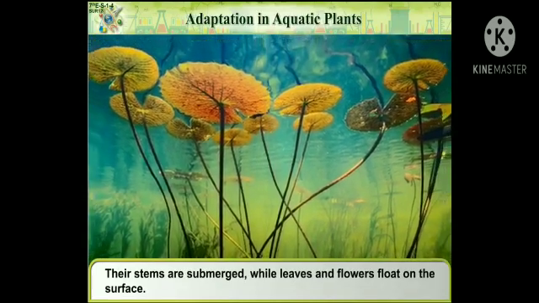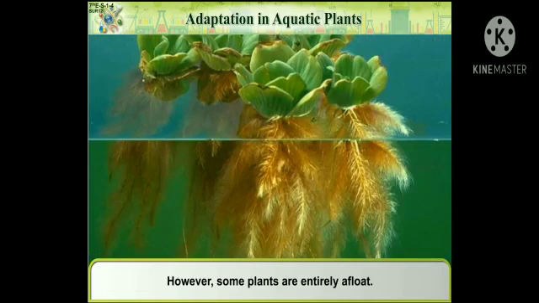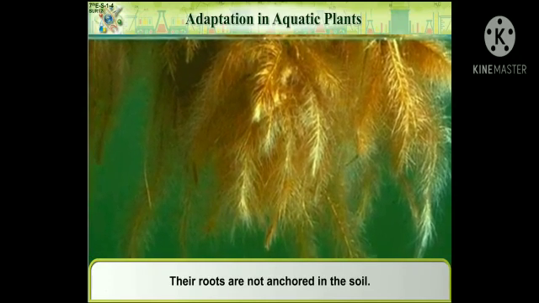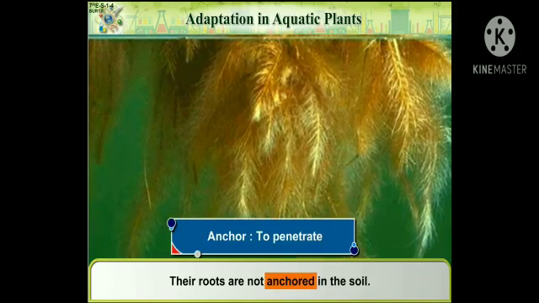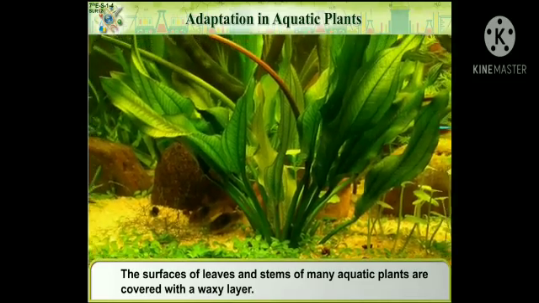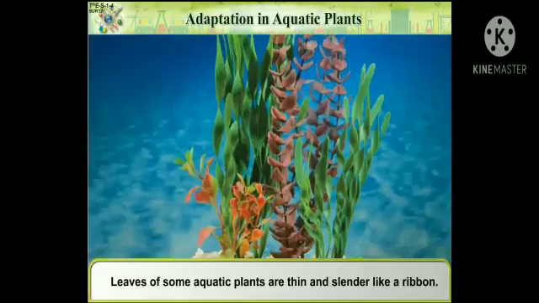Stems of plants are submerged while leaves and flowers float on the surface. However, some plants are entirely afloat. Their roots are not anchored in the soil. Anchor means to penetrate. The surface of leaves and stems of many aquatic plants are covered with a waxy layer.